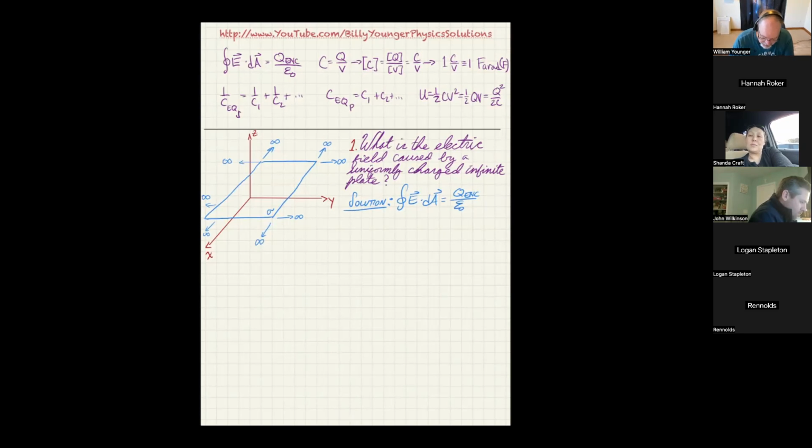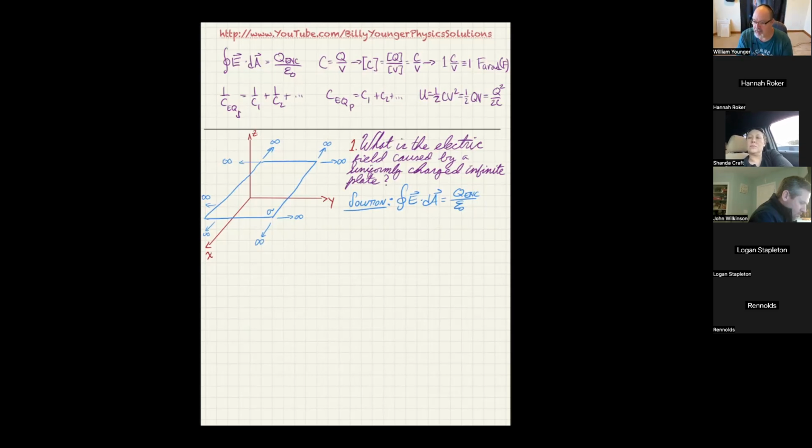So is anybody able to look at this particular infinite plane and tell me any kind of shape on which the electric field will be a constant? Because that's what our Gaussian surface has to be.